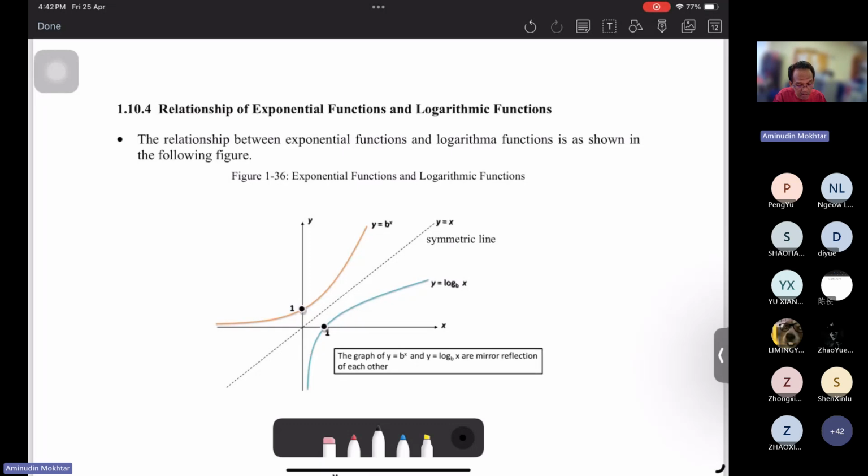The next part is about the relationship between the exponential and log. Of course, there is a relationship between these two functions. Okay, I just want to share with you in brief only.